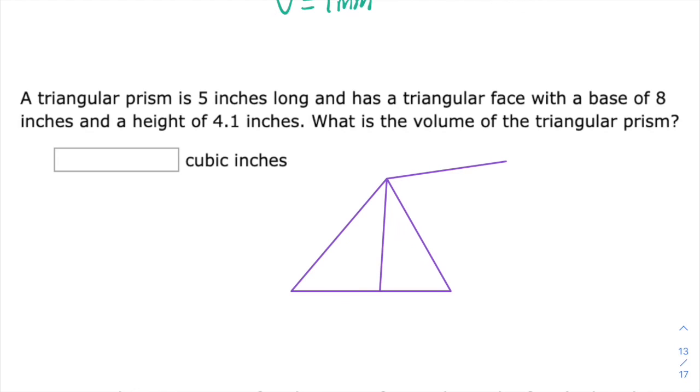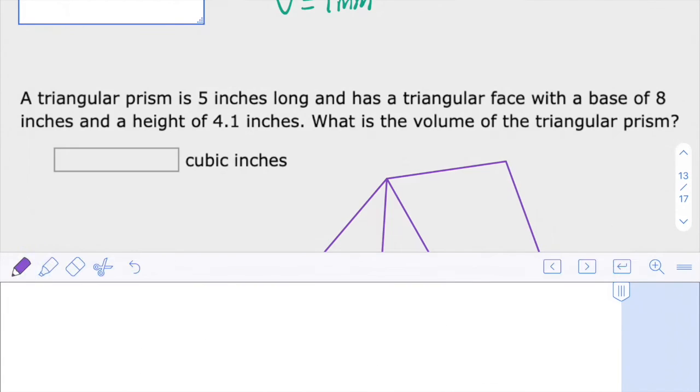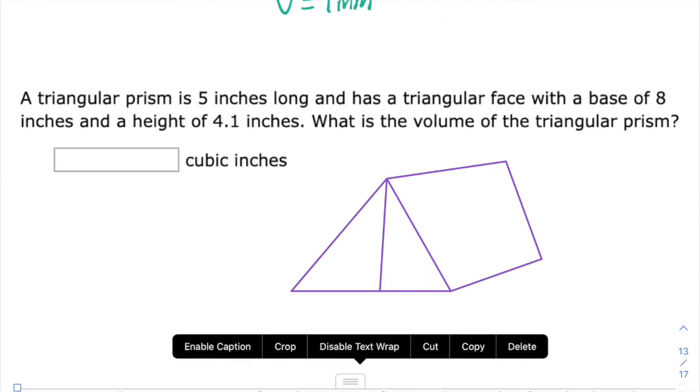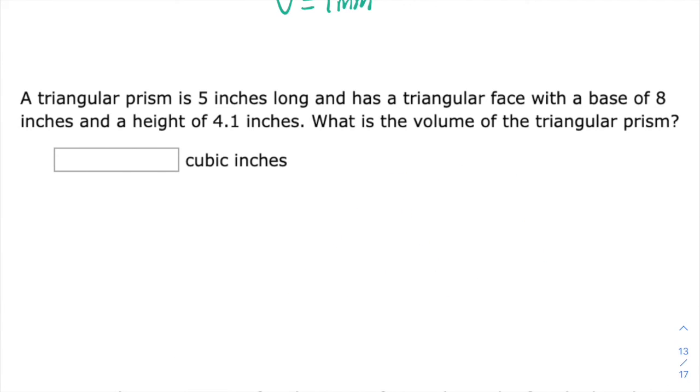It's only 5 inches long, so we will say that. This is not drawn to scale. Again, give me a second. If I'm going to draw a diagram, I'm going to try to make it drawn to scale. Good enough.